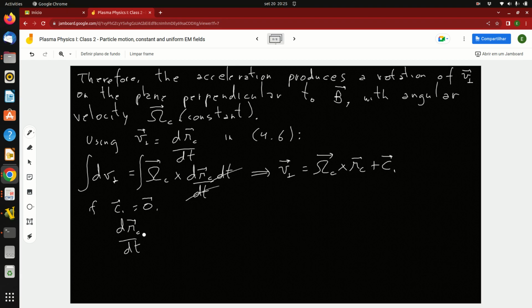I'm calling drc dt equal to omega c cross rc. And this is 4.8. You see, RC is a position vector with relation to a certain point. It's a guiding center. So RC is a position vector.